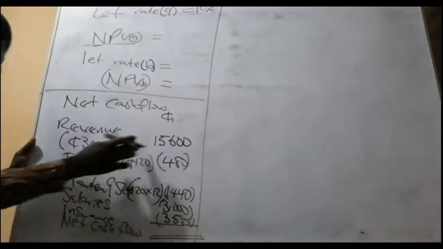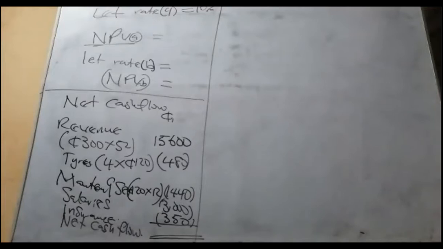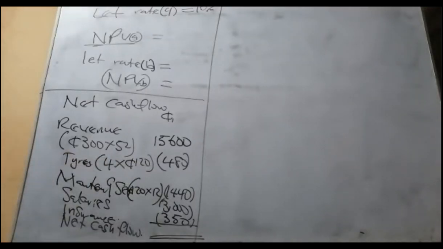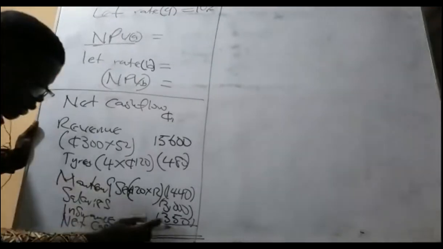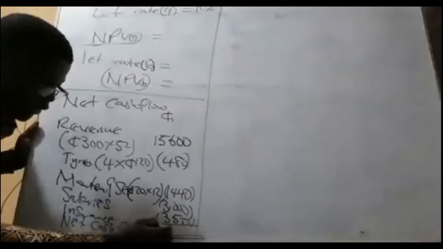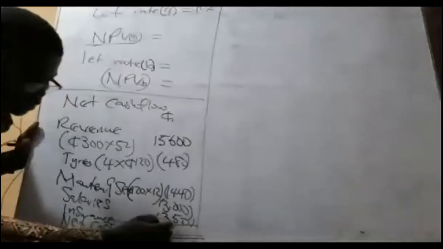So revenue of 15,600 less 480 less 1,440 less 3,000 and finally less 350. The net cash flow will be 10,330. Perfect. I'll take that.